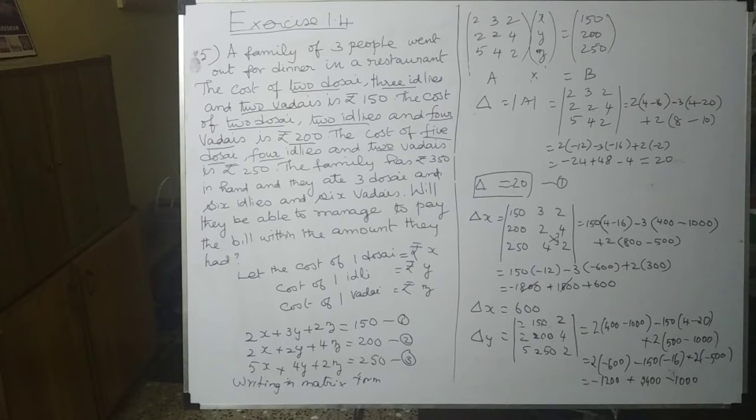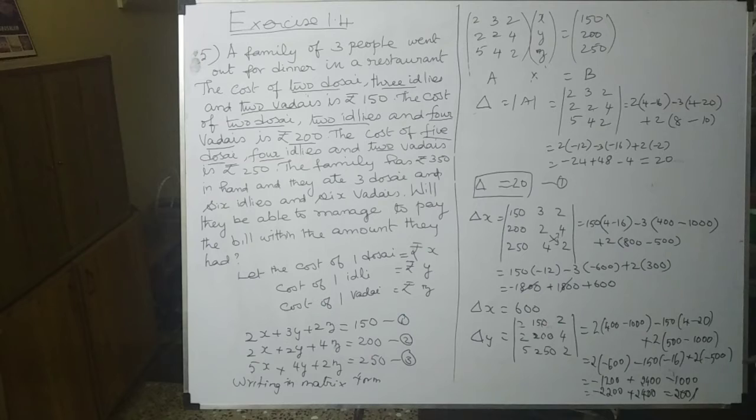So minus 1200 minus 1000 is minus 2200, plus 2400, that will give you the answer 200. So delta y is equal to 200.